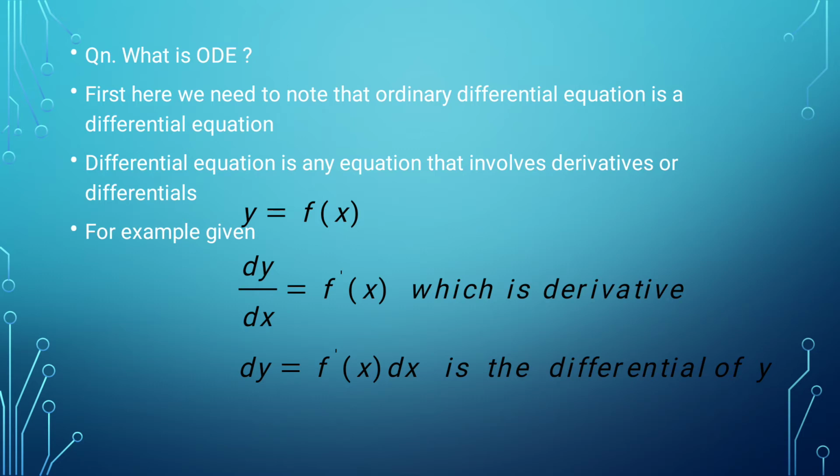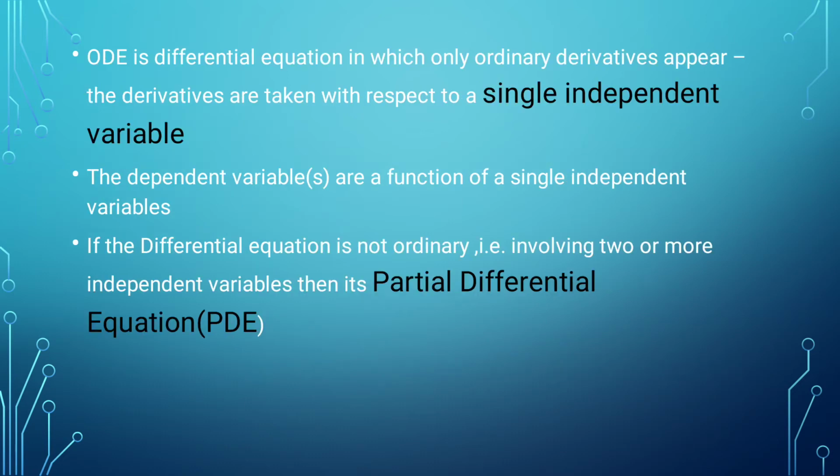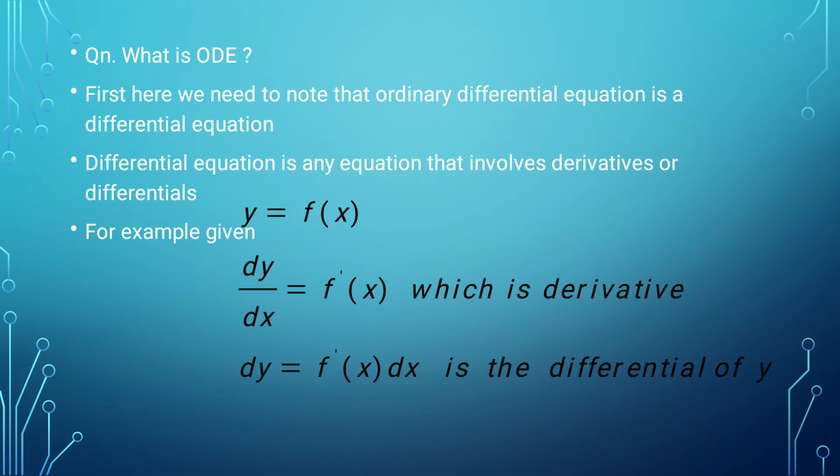So for example, if you look at this example given here, we have a function y equal to f(x). If you get dy/dx, you get the derivative of a function of x, and dy/dx is actually what we call a derivative.